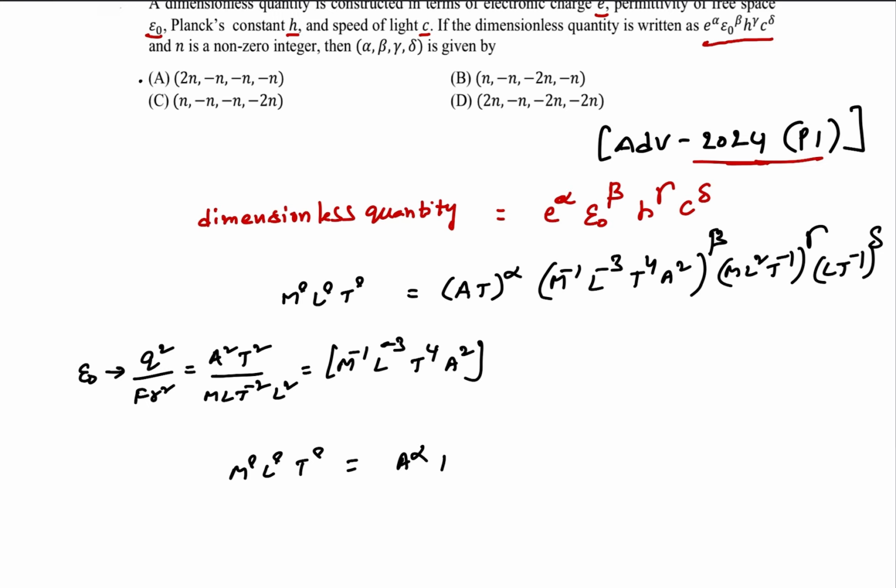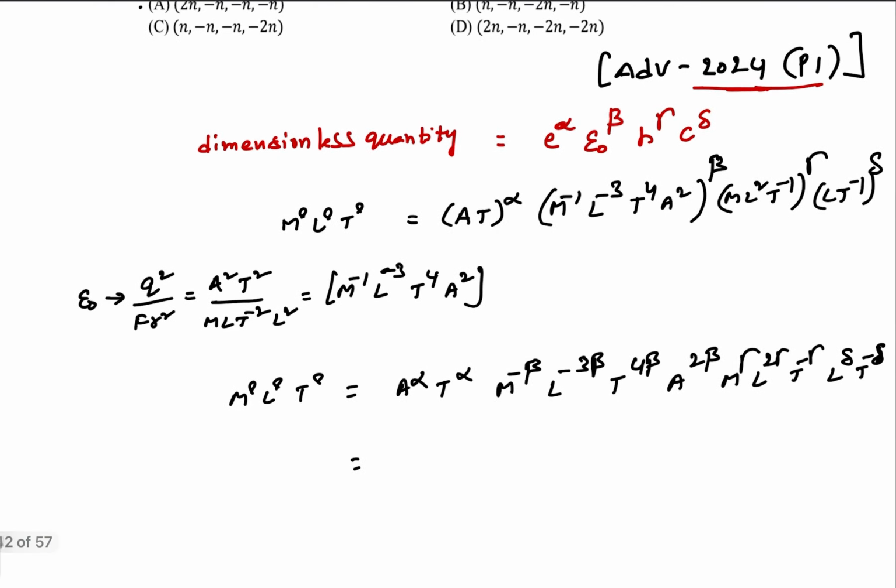Now you see that M^0 L^0 T^0 is equal to A^alpha T^alpha, M^-beta L^-3beta T^4beta A^2beta, and M^gamma L^2gamma T^-gamma, L^delta T^-delta. Now I am writing one by one.